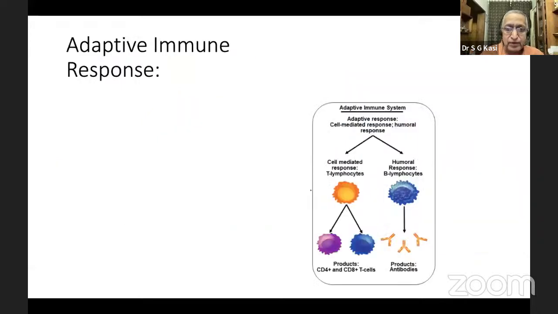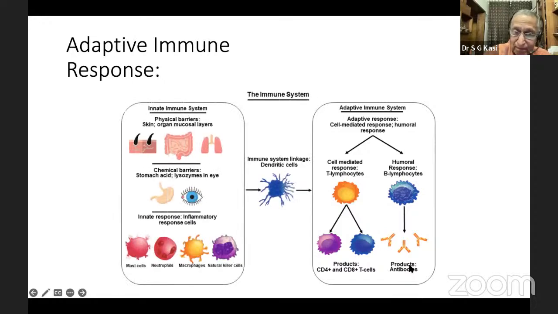As far as the adaptive immune response is concerned, we all know it is mediated through either a cell-mediated response or a humoral response. A cell-mediated response is through CD4, CD8 and its products, cytokines, or a humoral response through B lymphocytes, which produce antibodies. But what we must remember is these are not watertight compartments.